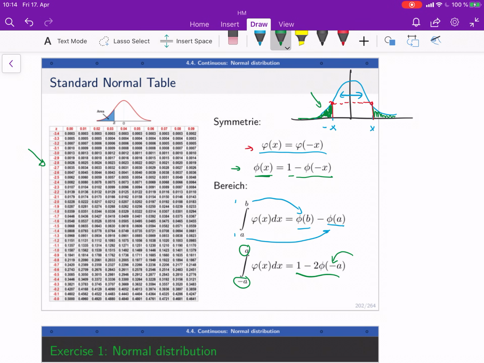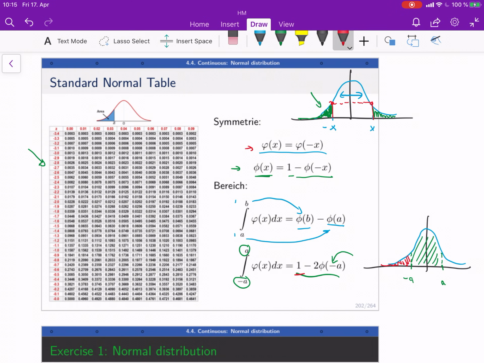Why is the symmetric area like that? Let's quickly draw another one of those pictures. If this is minus a and this is a, and I want this area here, then I can say this is 1 minus phi of minus a.